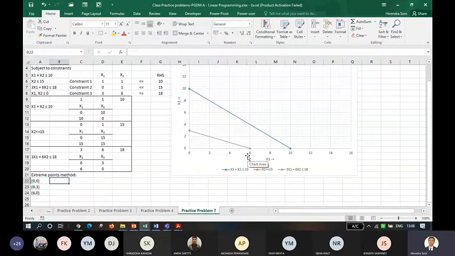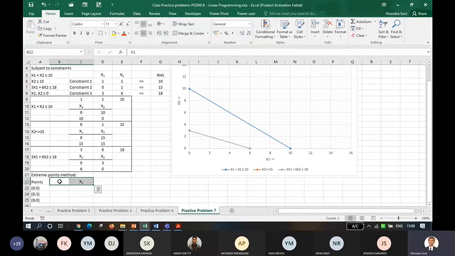Correct? Now here, these are my points. This is my x1, x2, and this becomes my objective value.